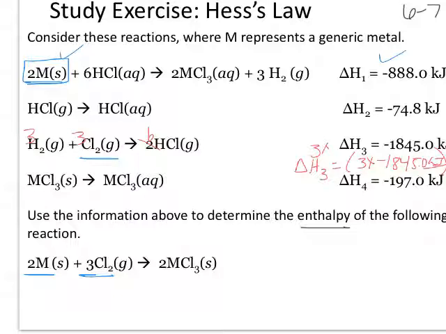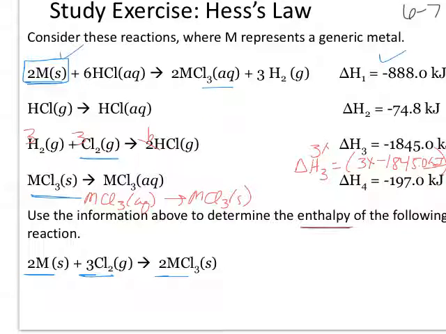Because overall I'm going to have to sum up all my delta H's. Okay, so I took care of that, and now I'm going to go to this last one. I'm going to look for MCl3 solid. Well, that's MCl3 aqueous, so that's not what I want. Okay, so here's MCl3 solid. Is it on the correct side? No. So I'm going to have to rewrite this equation to be MCl3 aqueous goes to MCl3 solid.